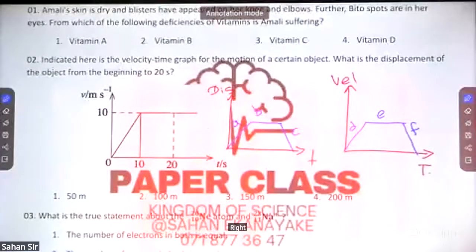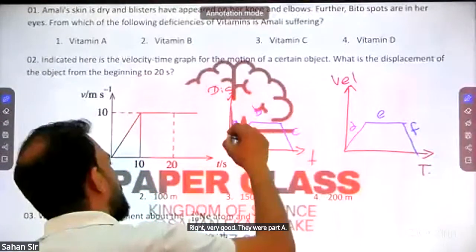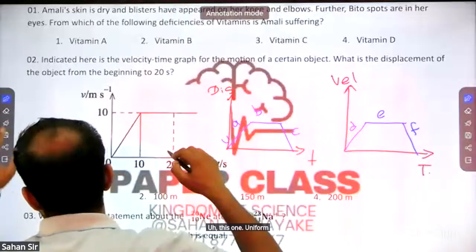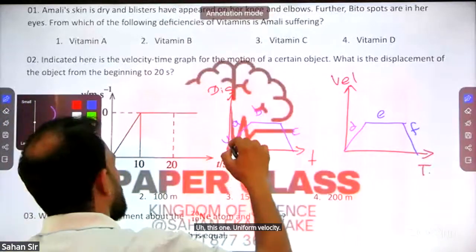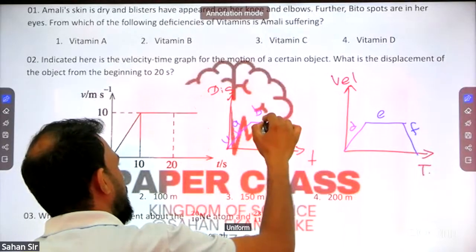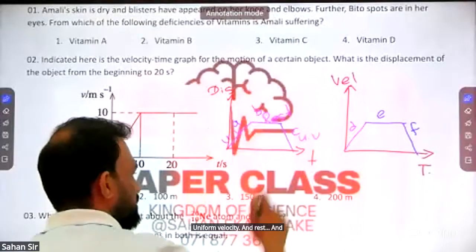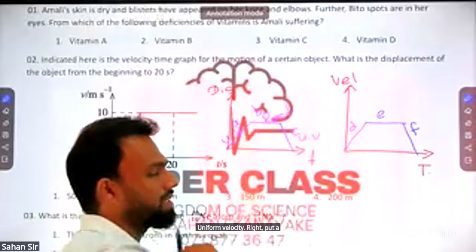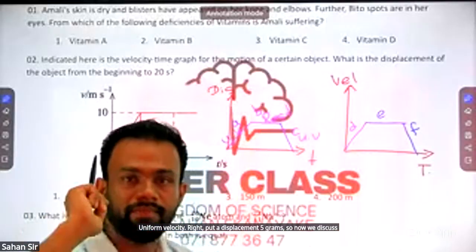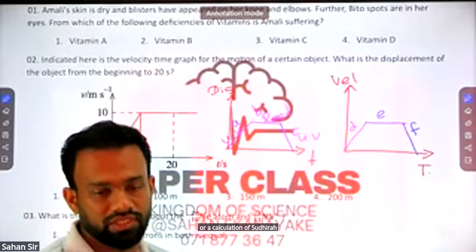Right, very good. So the part A, uniform velocity. Uniform velocity and rest, and here also uniform velocity. So the displacement time graphs will not be discussed කරන්නේ නැහැ, or calculations විදිහට acceleration part.